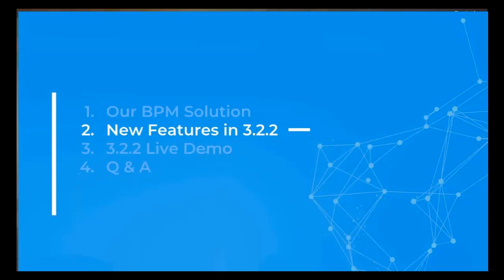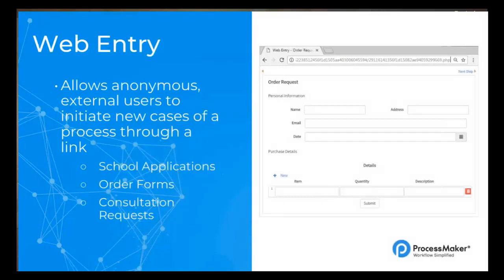So now let me talk a little bit about two of the most anticipated features of the 3.2.2, Web Entry 2.0 and multiple file versioning. So for those of you who aren't familiar with web entries in general, the previous version of our web entry feature only allowed external users to fill out Dynaforms to start cases.